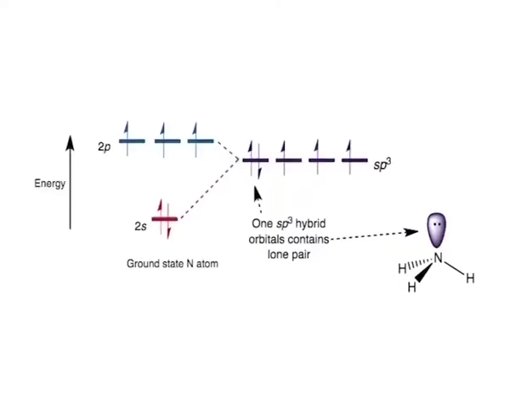The shape is similar to that of the sp3 hybrid orbitals of carbon, but one of the sp3 hybrid orbitals of nitrogen has a pair of electrons and does not take part in bonding. In ammonia, each of the hybrid orbitals of nitrogen having 1 electron forms a sigma bond with a hydrogen atom.